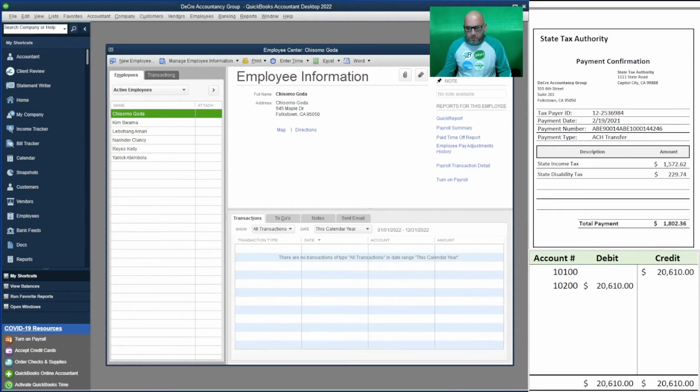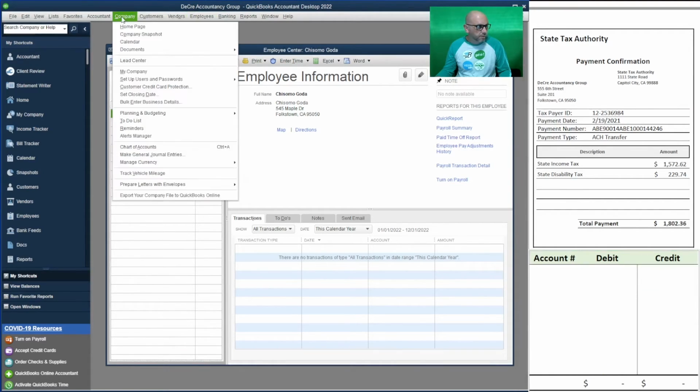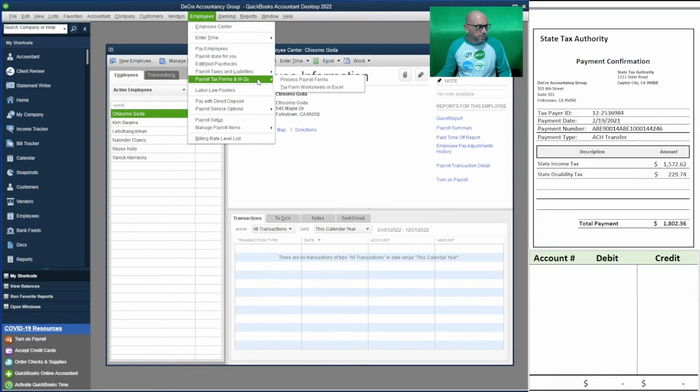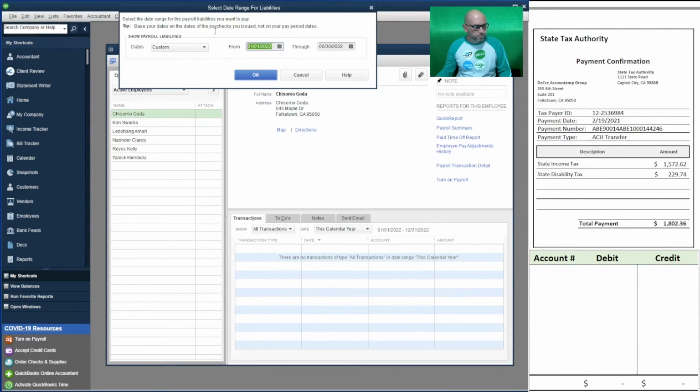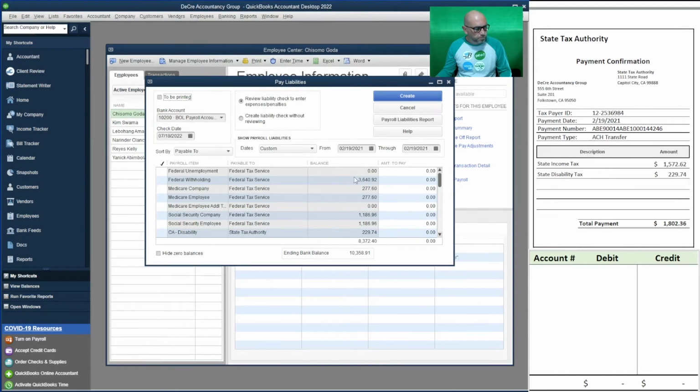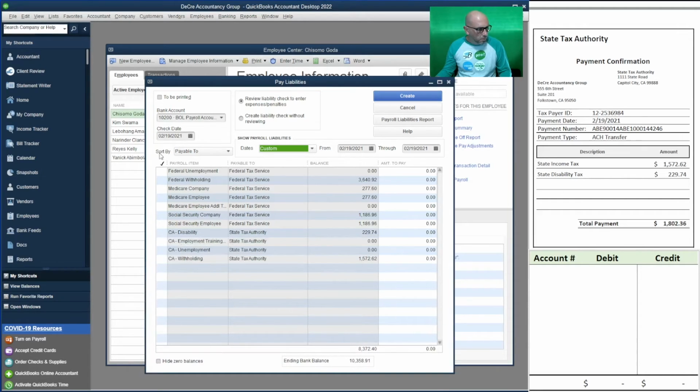Next, we're going to pay our payroll taxes, the one that we just incurred. This is our state.